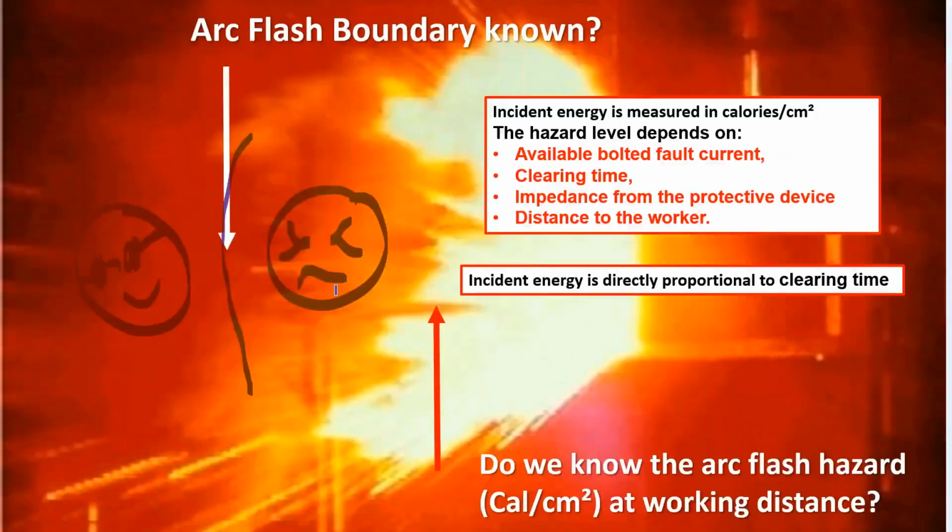The other part that's important is, what is the impedance from that protective device? So if you are working on the main switch and it's the main bus feeding, it's just being fed from the transformer, the utility transformer, what's giving you the protection?